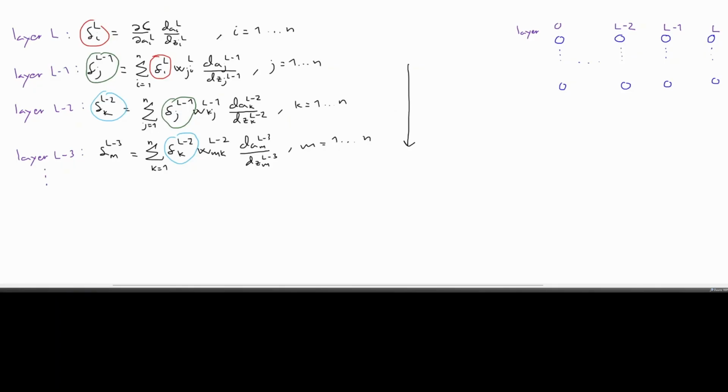For a given hidden layer, indexed as hidden layer lowercase l, if you consider the jth neuron in hidden layer l, then the delta term of the jth neuron in hidden layer l is given by the sum as i goes from 1 to n of the delta terms of the neurons in the layer before it, that is hidden layer l plus 1, times the weight going from neuron j to neuron i in hidden layer l plus 1, times the derivative of the activation in neuron j of layer l.